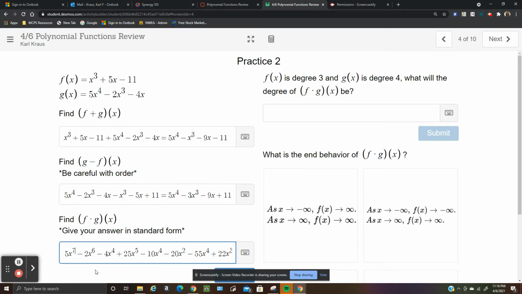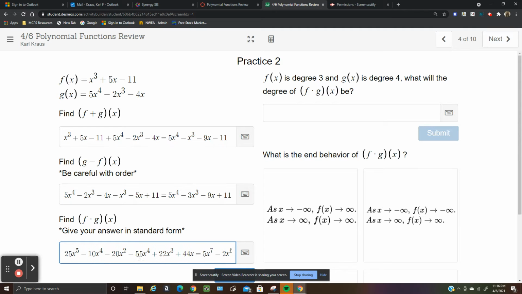It's minus 2x to the sixth. And then the x to the fifth terms, you got 25x to the fifth.